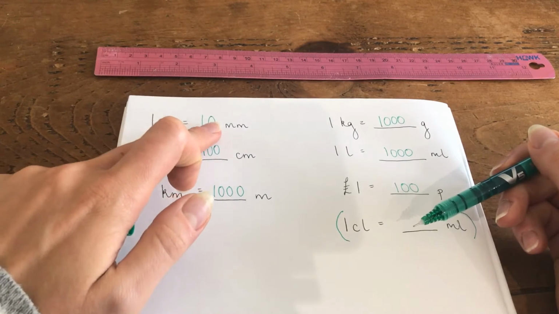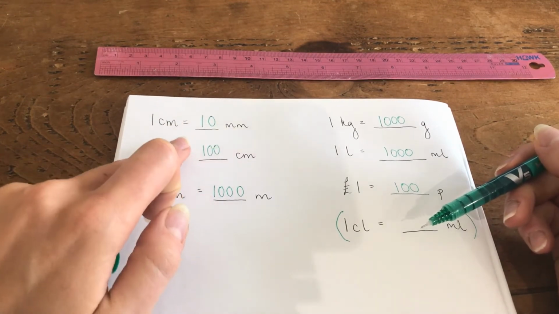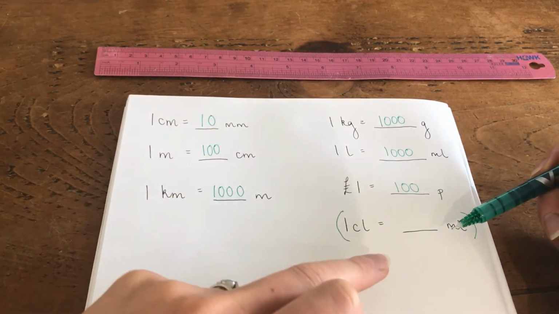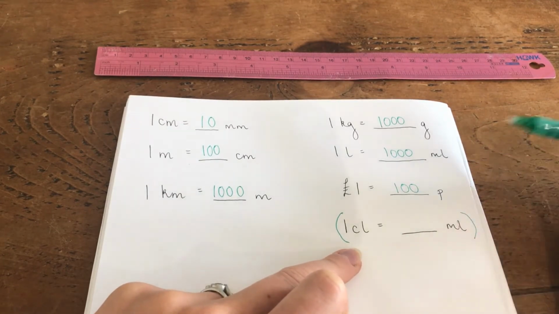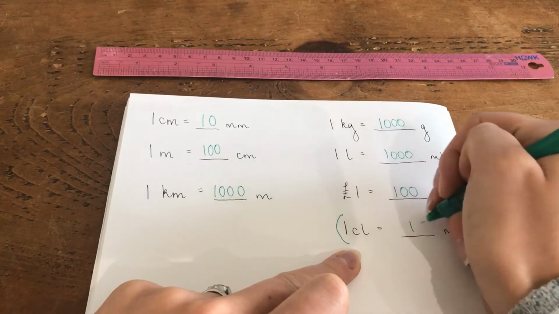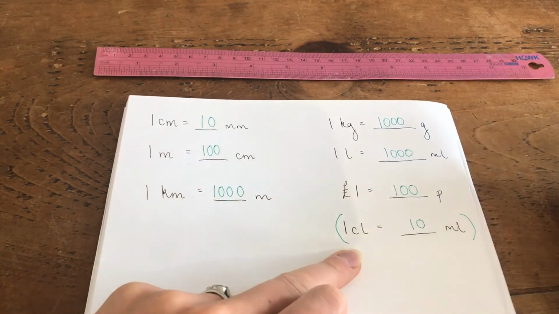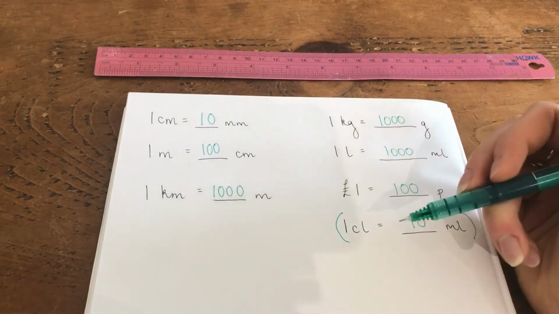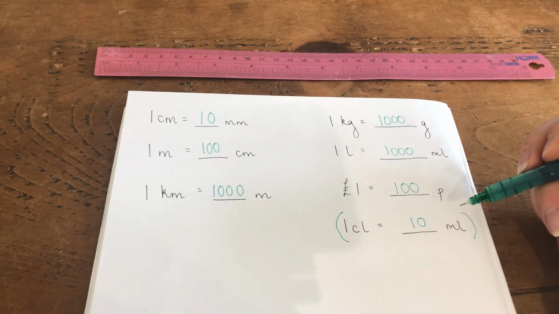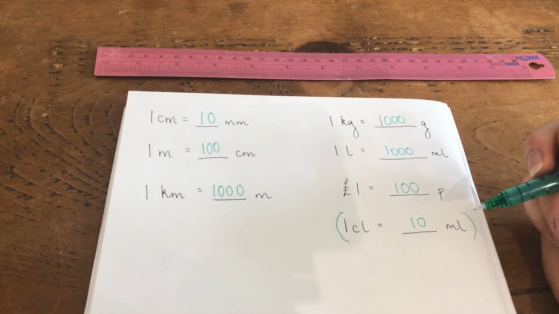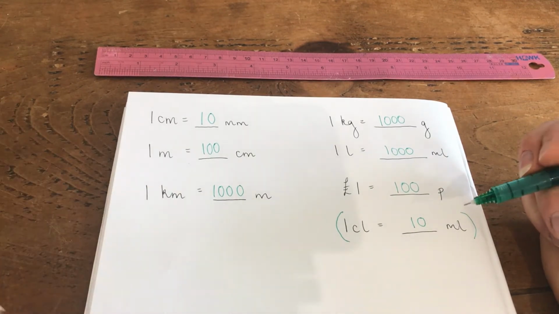If there are 10 millimetres in a centimetre, how many millilitres would be in a centilitre? There are 10 as well. Some of the activities we're going to work through today might use that one, but you don't need it for your workbook pages.